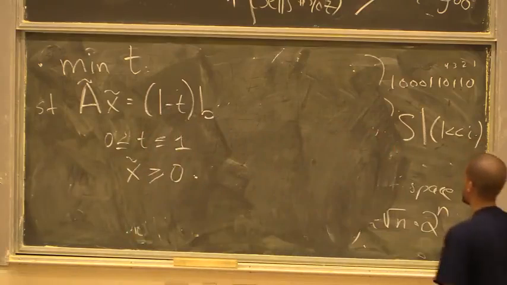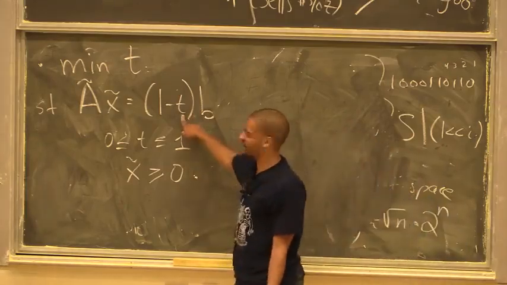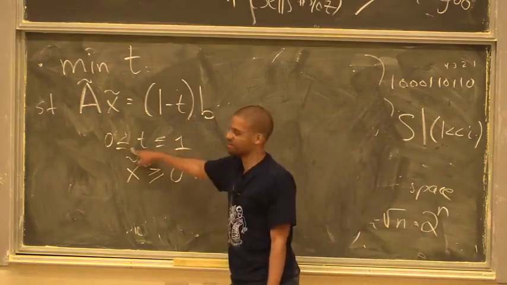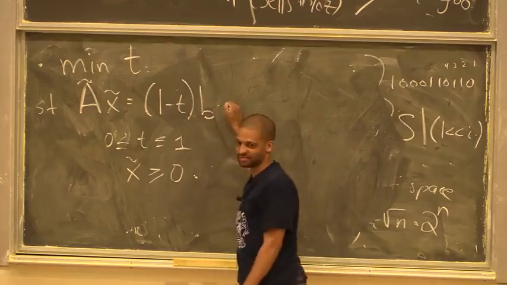What does it mean to minimize t? Well, ideally you want t to be 0, because t is constrained to be at least 0. So if you minimize t, what you're saying is A tilde x tilde is equal to b. Does it make sense?